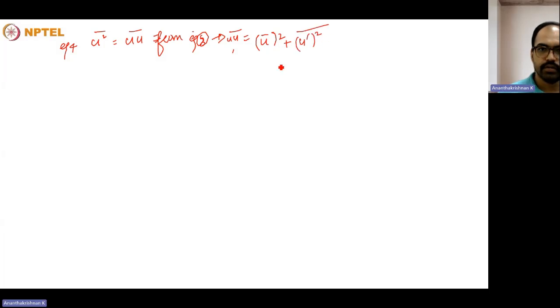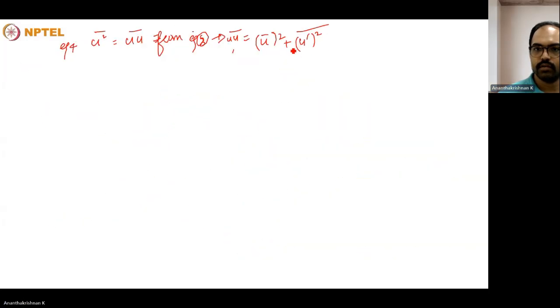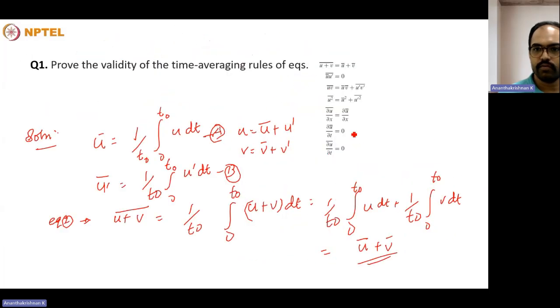So that solves the fourth equation. Now the fifth one, you have to calculate the derivative of this velocity term. So that will be basically dou u by dou x. The average of dou u by dou x will be same as that of dou u average by dou x.